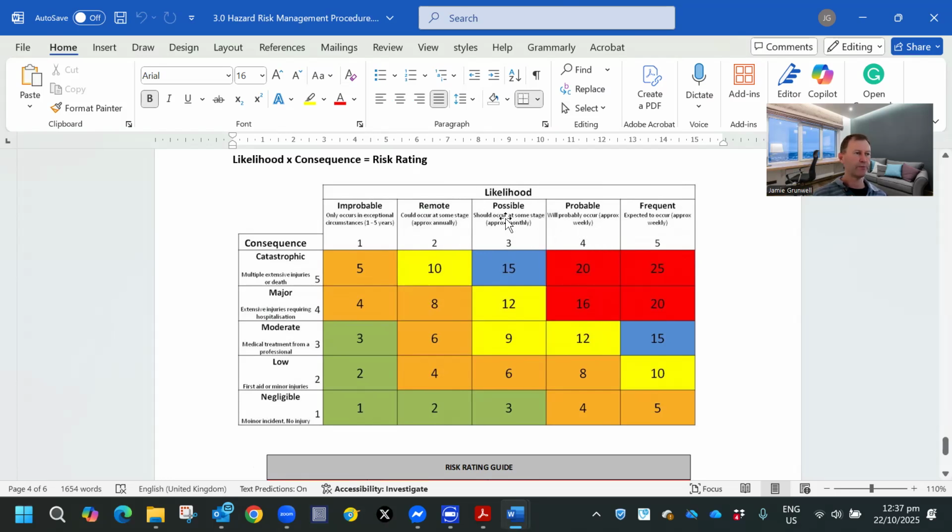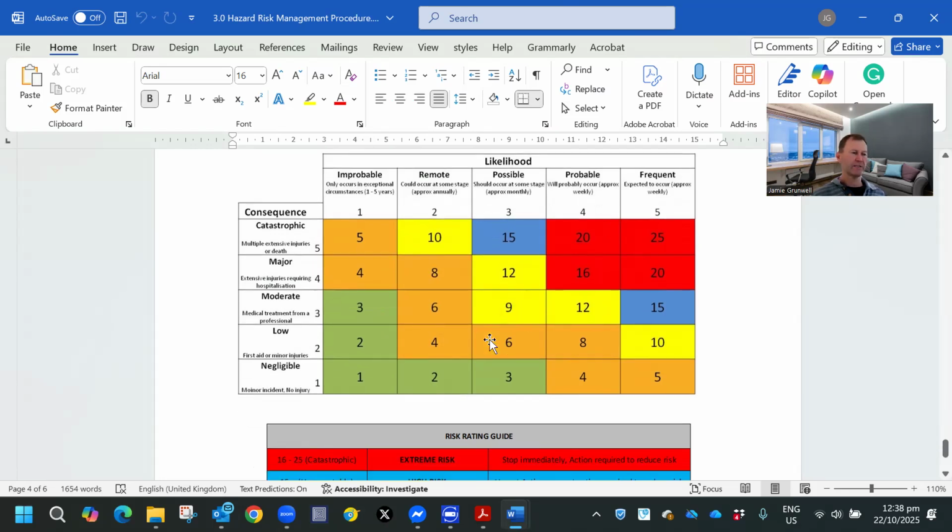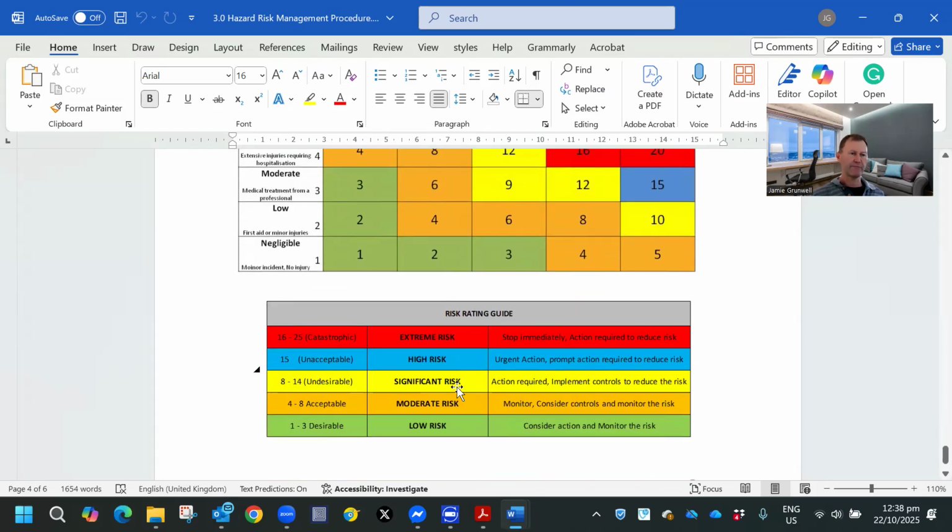You could say it's possible because we haven't heard of anybody else tripping over on there. Is it catastrophic? No, it's moderate. Medical treatment, we'll say that it's possible. Moderate, so you can see it's number 9, which is in the yellow. It's a significant risk, action required immediately, implement controls.